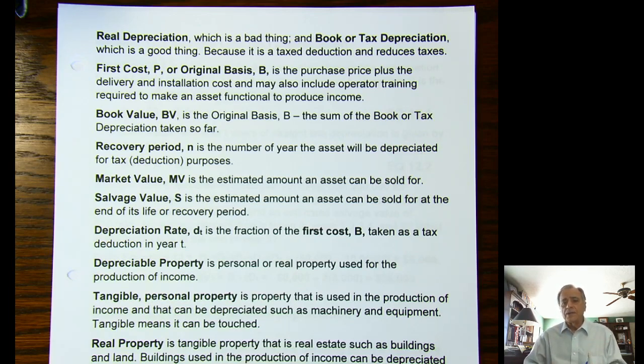say you own the corner gas station and you bought a pickup truck to run errands or whatever. Part of that business is this pickup truck. A brand new pickup truck is 4-year depreciable property. I'm sorry, 3-year depreciable property under MACRS depreciation. So you will get to depreciate it actually over a 4-year period.